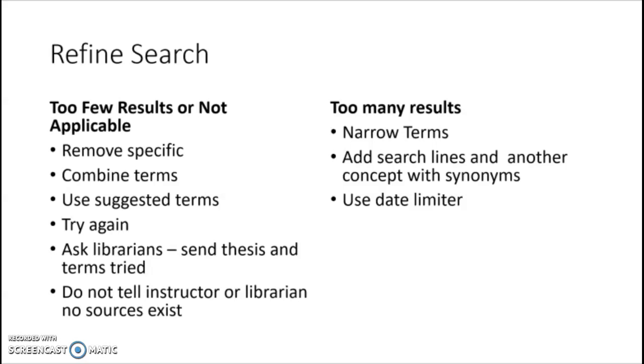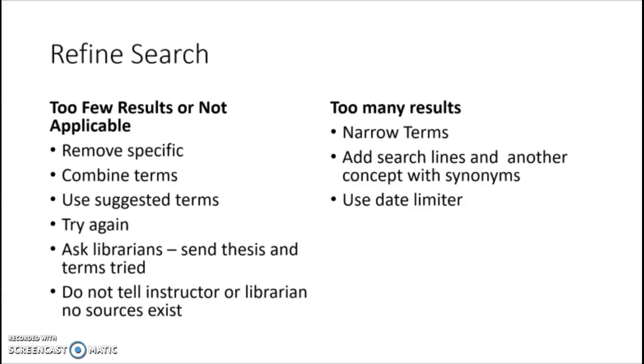After a few rounds of that, we might look for help from the librarians. The usual approach is to send them your thesis statement and everything that you've tried so far. Usually what's happening is that you're using search terms which are not in the vocabulary of the database, and it's not that you can't find anything, it's that you don't have the right words to find anything.